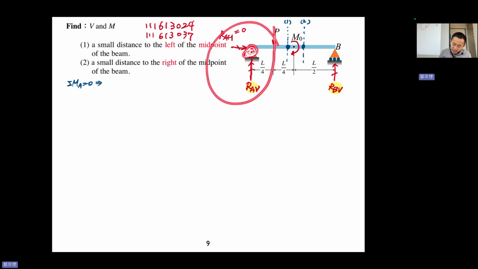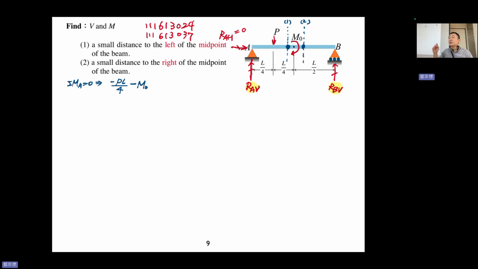P make clockwise, so it become minus P times the force arm quarter L. And M0 is also a moment, right? M0 is a moment because we are balancing the moment MA. M0 is clockwise, so it also has minus.